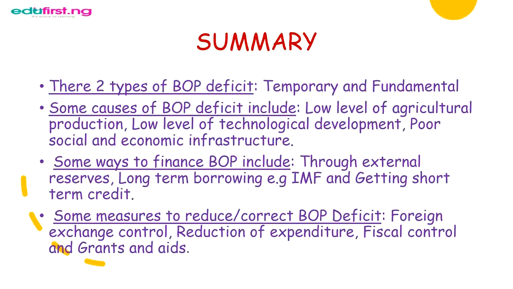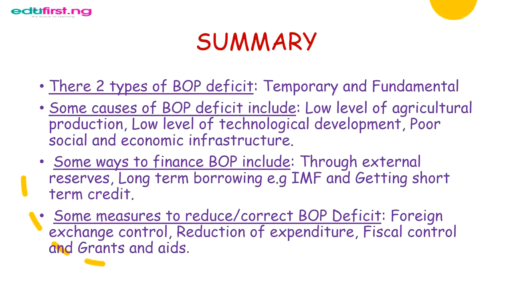Now, let's look at what we have discussed so far. We've said that there are two types of balance of payment deficit, the temporary one and the fundamental or chronic one. Then we also looked at the causes of balance of payment deficit, which include low level of agricultural production, low level of technological development, poor social and economic infrastructure.